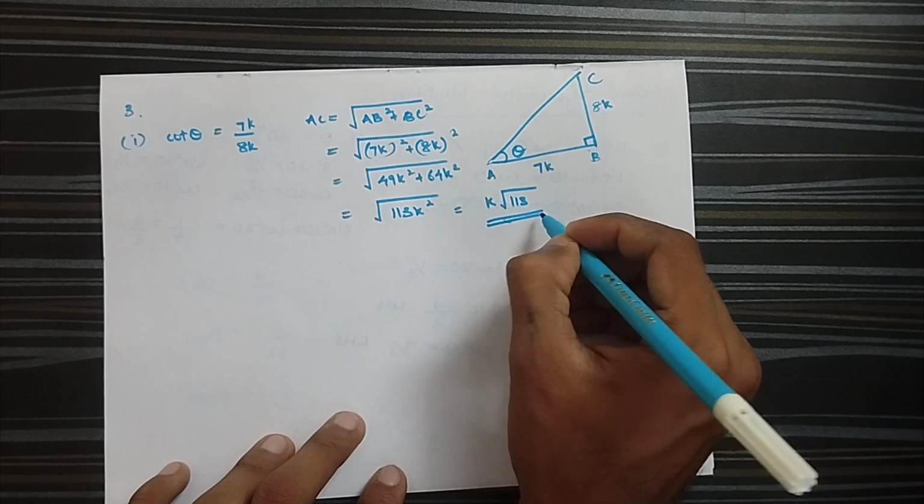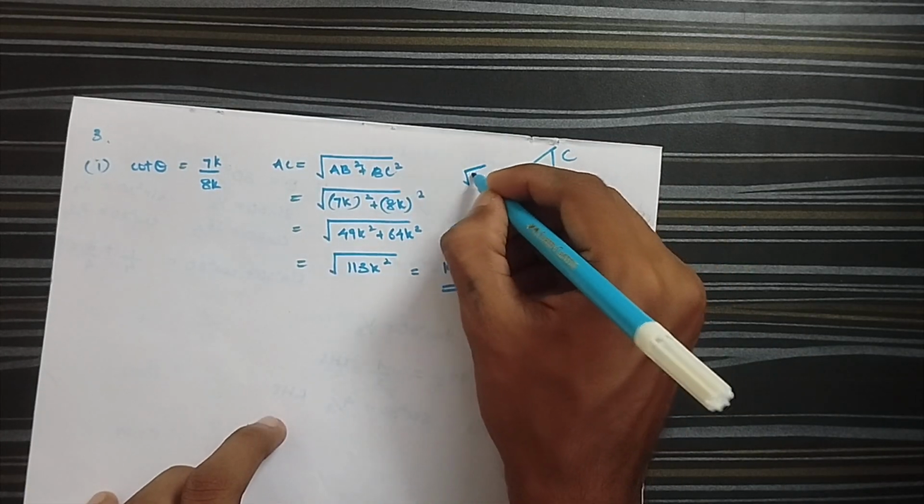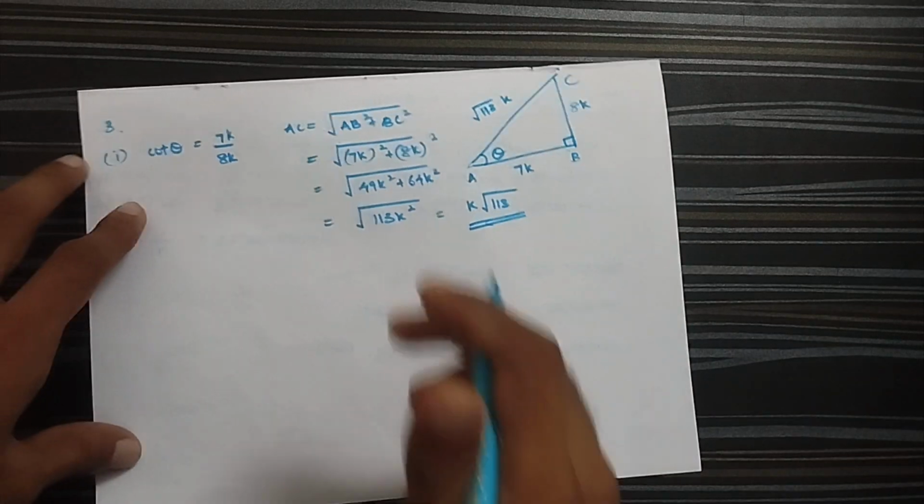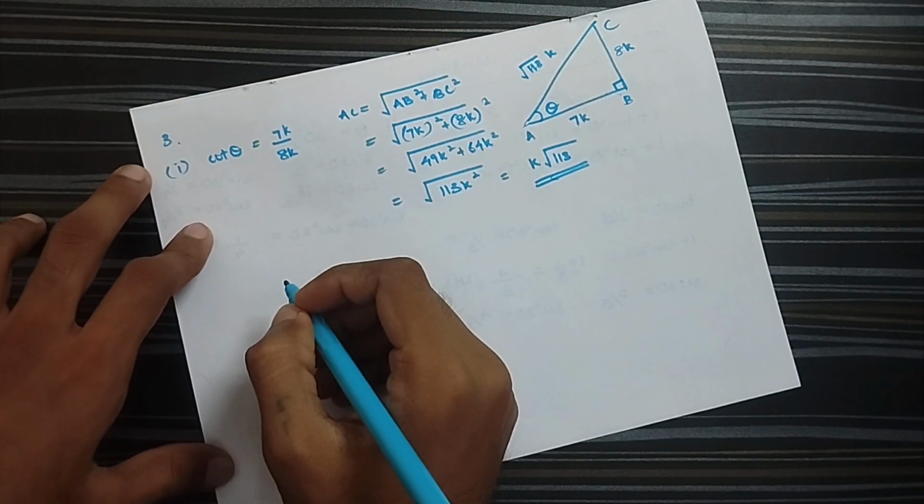This would be the final value of this. So this will be root 113 into some k. Okay, we found that. Now we need our question.